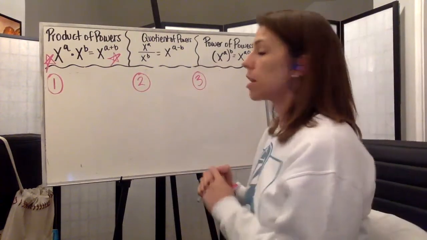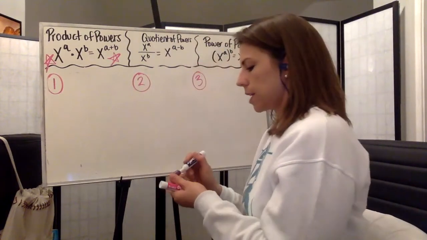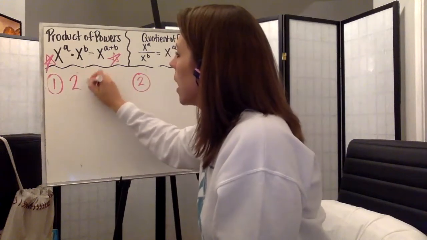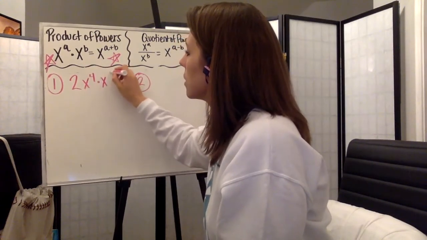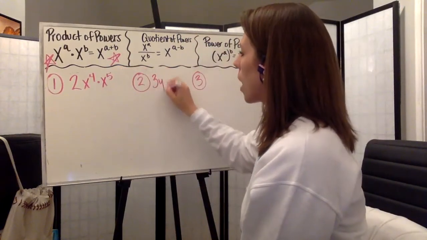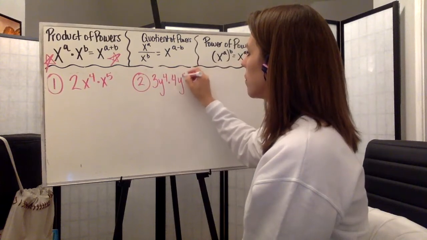So let's start off with number 1 here. So number 1, our example is going to be 2x to the 4th times x to the 5th. Our second example is going to be 3y to the 4th times 4y to the 5th.